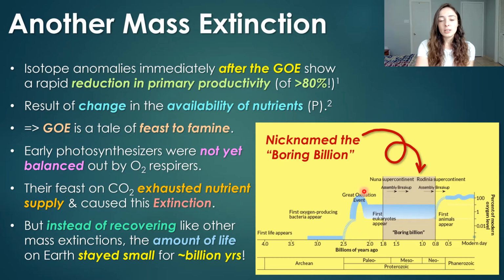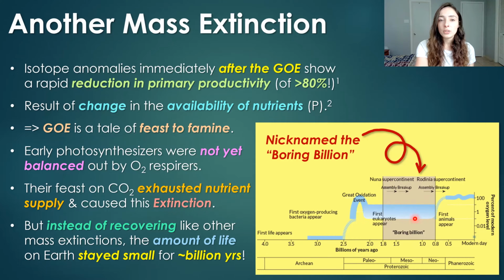And so we're talking more right after the Great Oxidation Event, so potentially expanding this brown region to include this until, like, 2.1-ish, 2.2-ish billion years ago, when the Great Oxidation Event had its little dip downward after the actual spike in oxidation.